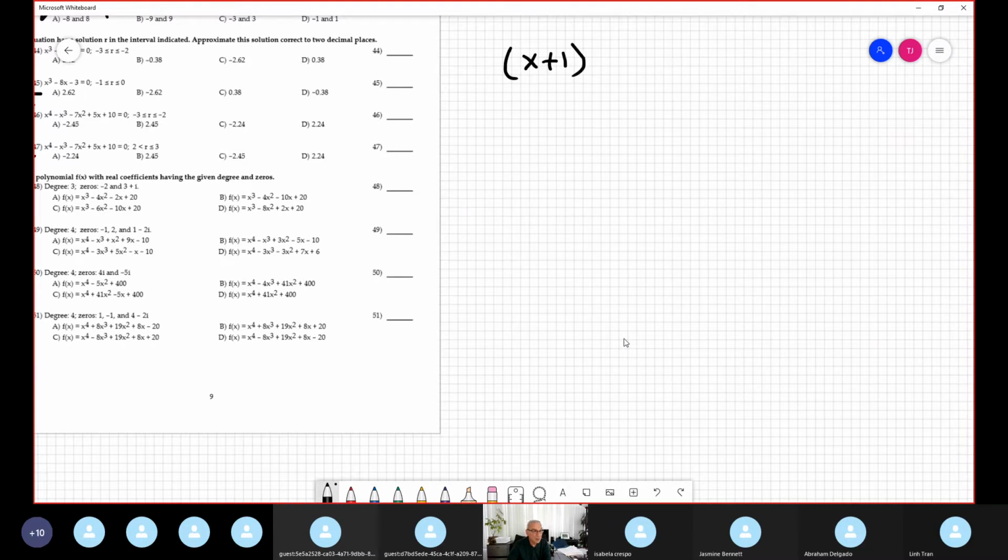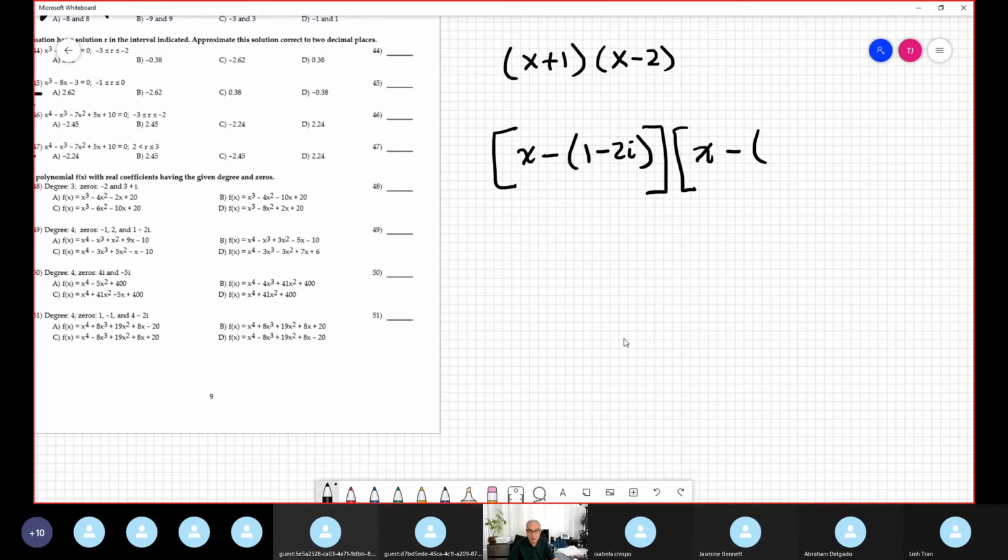One more, get 2, x minus 2. I separate the real part, 2 factors. And the imaginary part is 1 minus 2i. So x minus 1 minus 2i. And the conjugate associated with this is x minus 1 plus 2i. Is it okay?